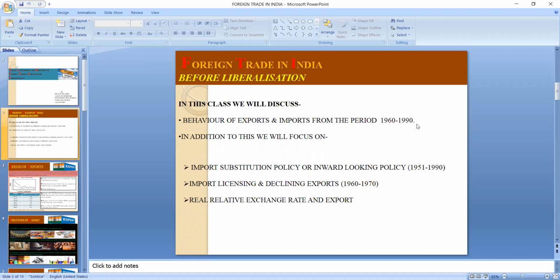We are also going to focus on import licensing and declining exports during the period 1960 to 1970. Real effective exchange rate and its relation with export and import will also be focused on in this class.